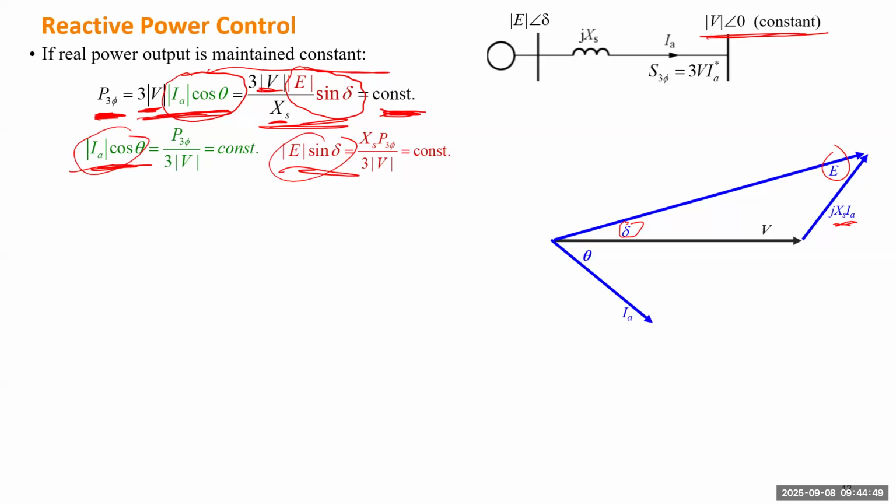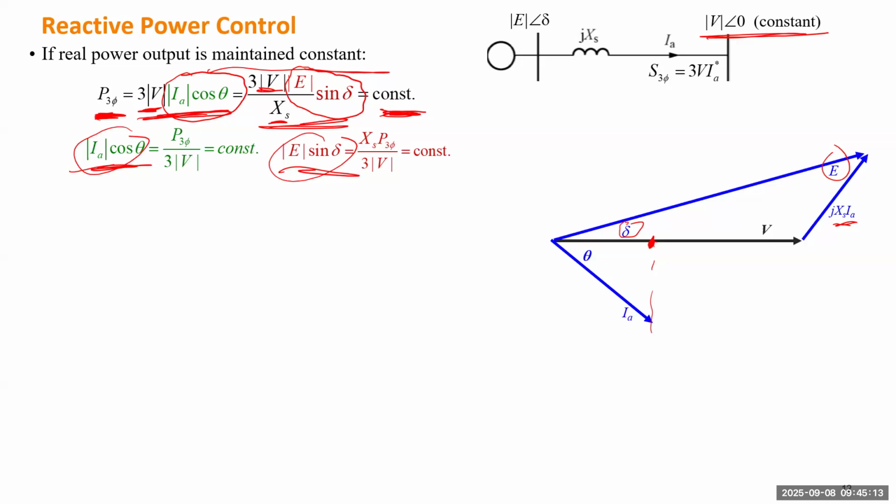So if we draw this triangle, IA multiplied by cosine theta determines the projection onto the x-axis will be constant. So no matter how the IA changes, it can be longer or shorter or maybe even lead the V, but the projection is always at that point. So that's from the first equation.